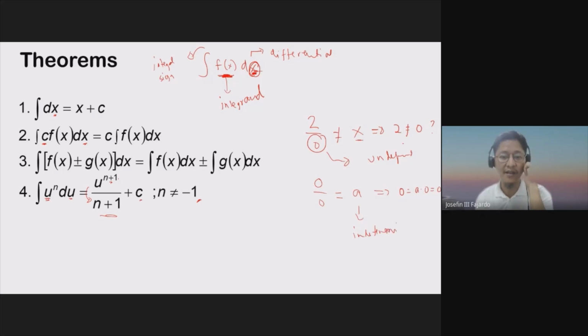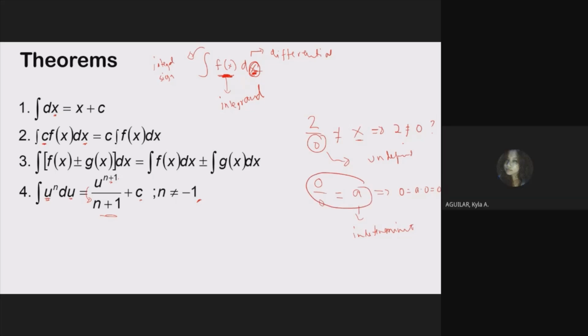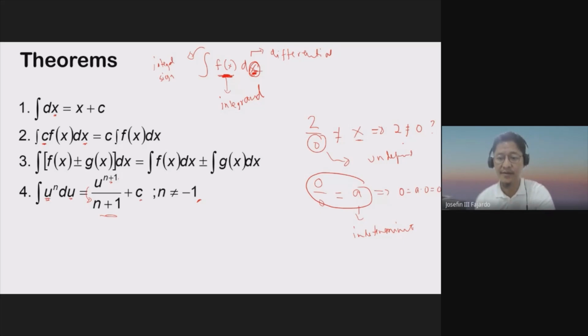Kasi we cannot determine the value. Kasi si a pwedeng maging equal sa 1, maging equal sa 2. Laging tama itong ating equation na to. Tama ba? Okay po, sir. Thank you po. Okay, any more question po?